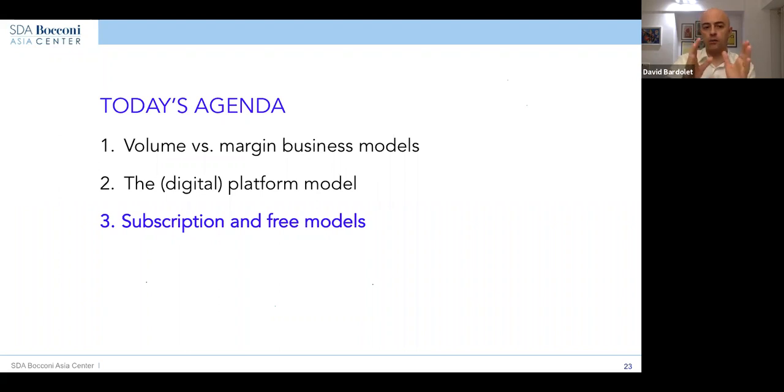Okay? Since many platforms and many digital business models now are running on subscriptions, it's also important to understand. And it's particularly important because, again, what I told you at the beginning, it's great when we can understand a business model by using a formula, by using 3 or 4 variables that we understand and we can measure to understand how valuable that business is.